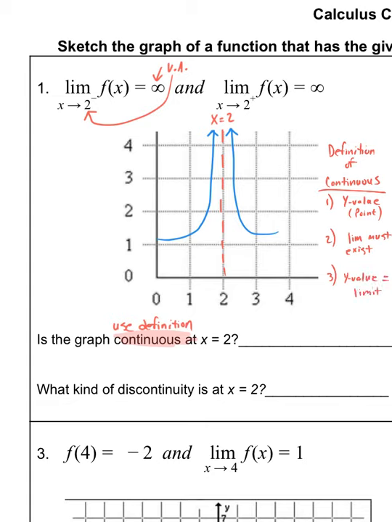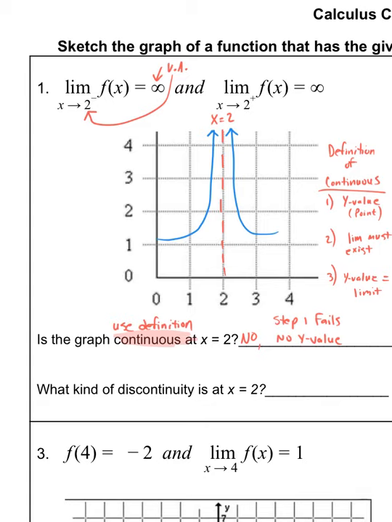So, step 1, is there a y value at x is equal to 2? Well, there's a vertical asymptote there. There is no point here. So we are going to say no, and then we'll say step 1 fails. There is no y value.